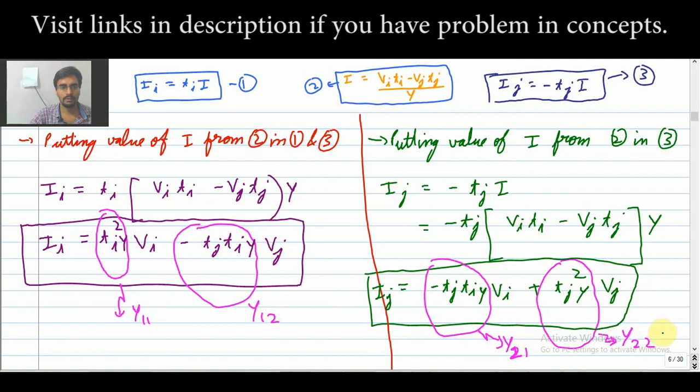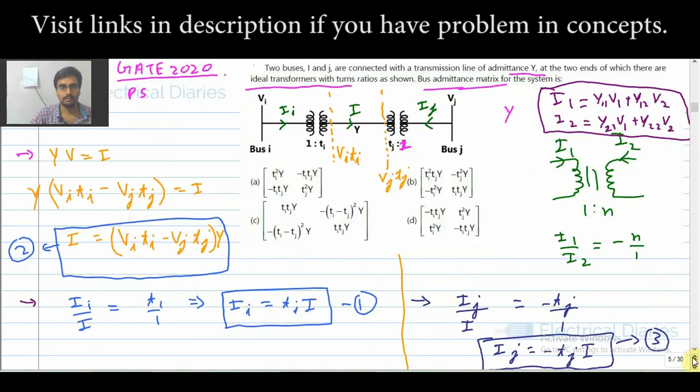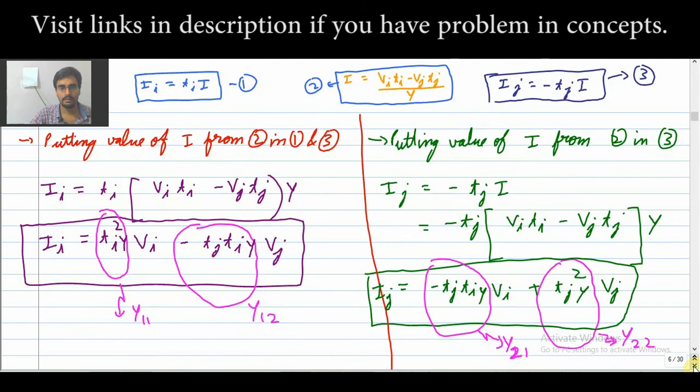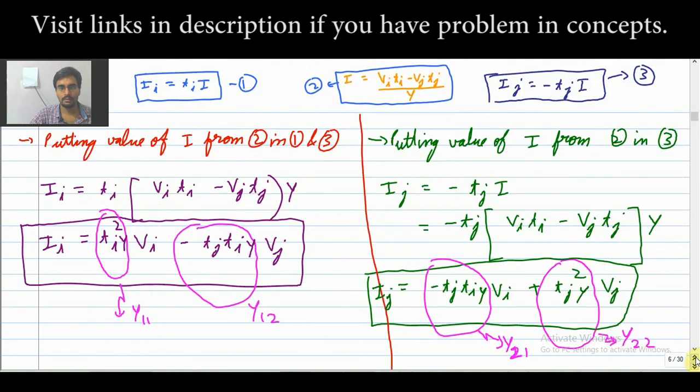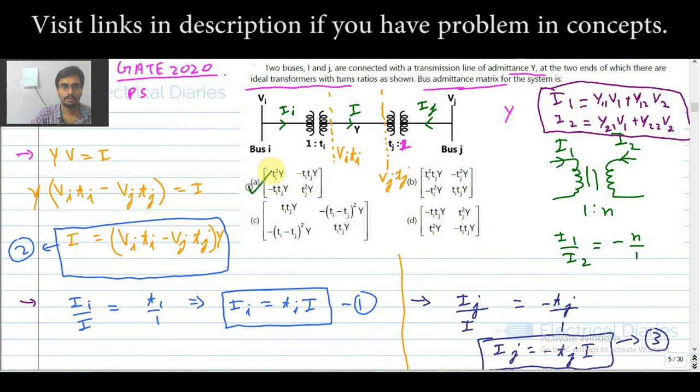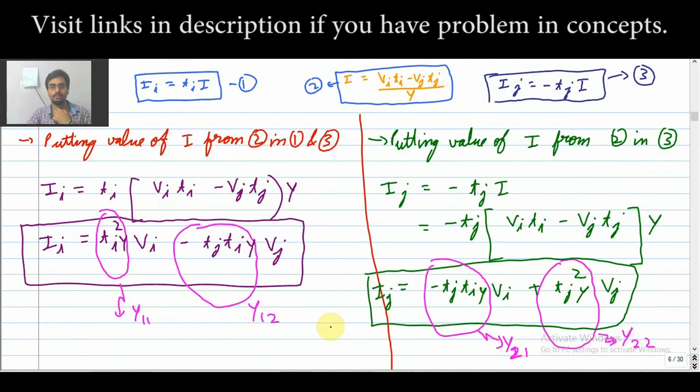Your y11 is Ti square y, which is option A. Is it matching? Yes, it is matching. So A is the correct option. That is the answer. Option A is correct. So just don't make those mistakes that I have made. I is equal to Vy, we all know this.